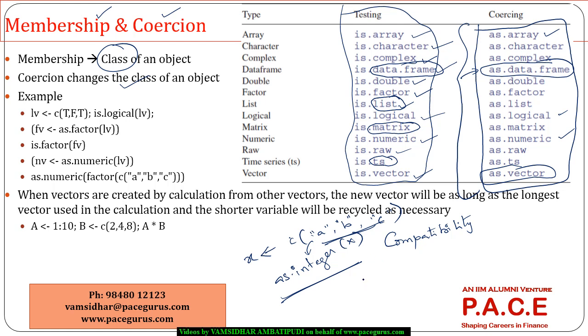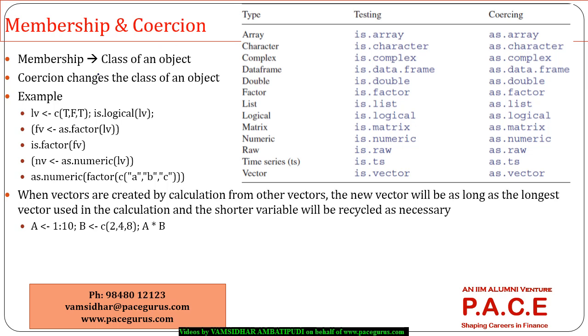But probably if x has 1, 2, 3 as numbers, which are showing a data type called numeric, now if required I can convert them into integers because they are compatible. So compatibility still matters, but wherever it is compatible, at least I should be able to convert it from one type to the other, right?